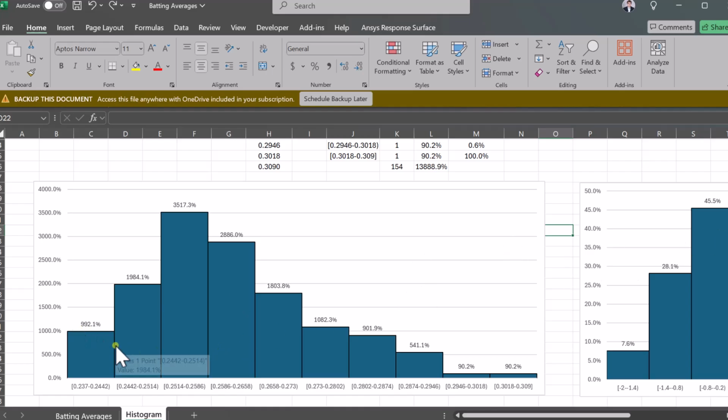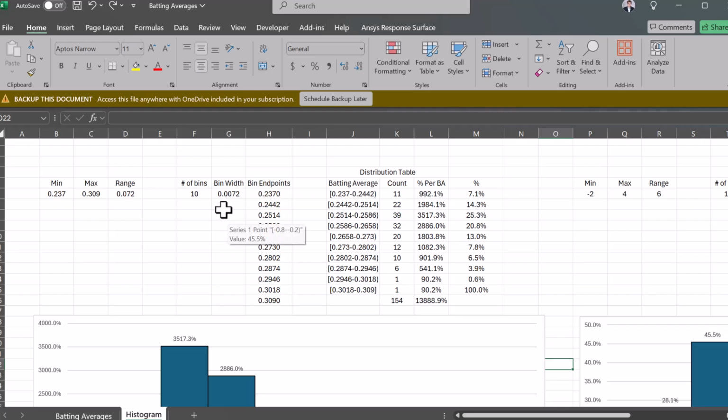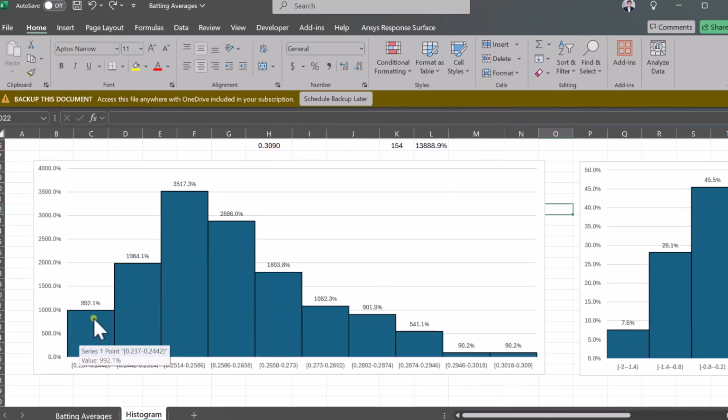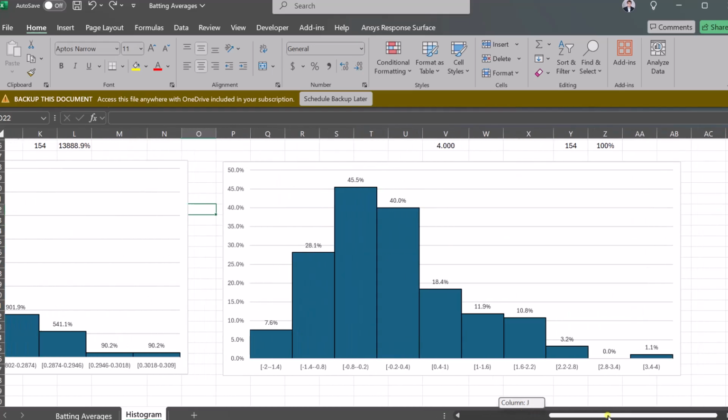You get the area of this block. 992.1 times 0.0072 is 7.1%. So 7.1% of the data points are in this interval. That's the idea. Then when you convert this to standard units, you get this.